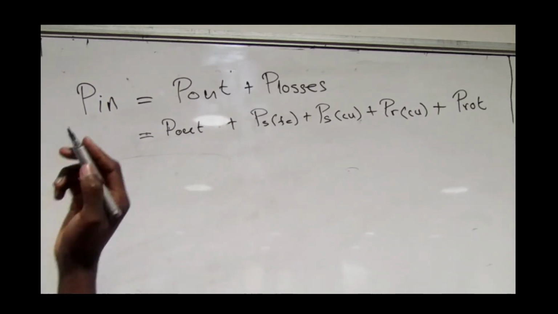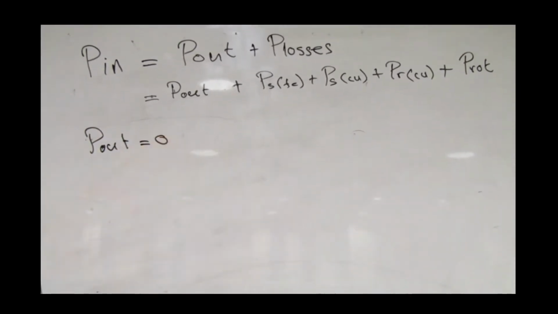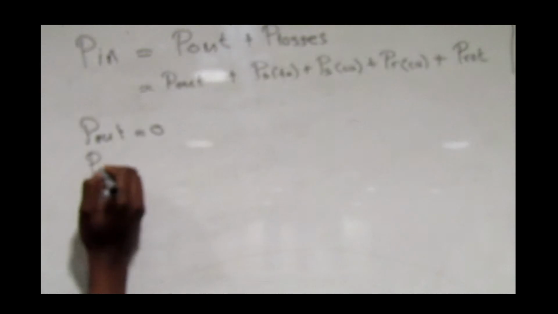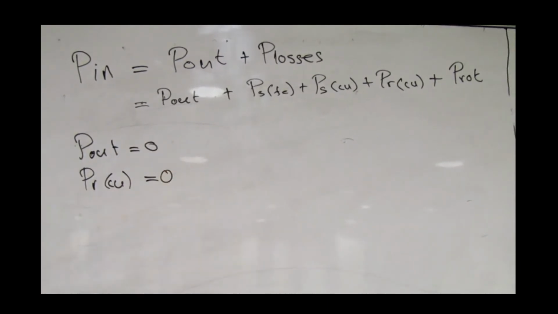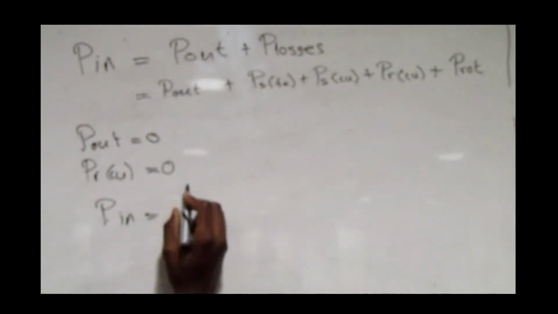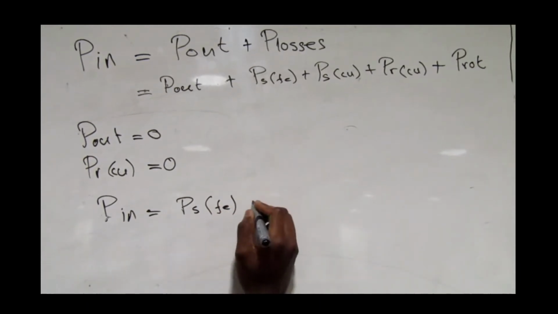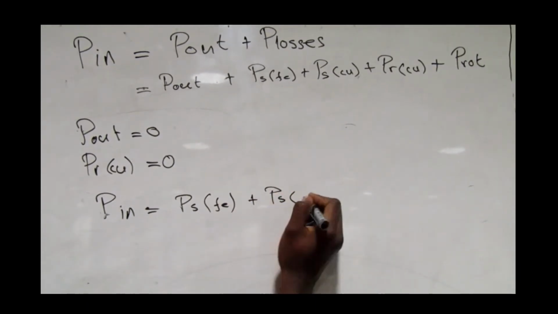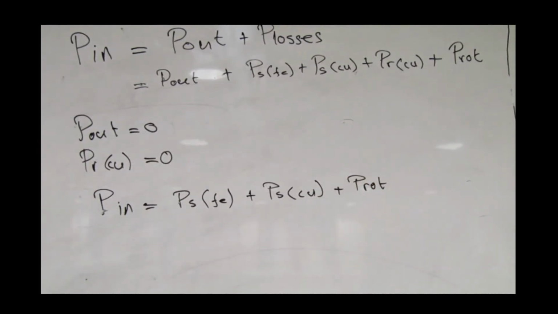And remember, when we calculate at no load, I said at no load P out is equal to 0, and P RCu, which are the losses in the rotor, are also equal to 0. So now at this point we are left with P in equals P SFe plus P SCu plus P rotational.